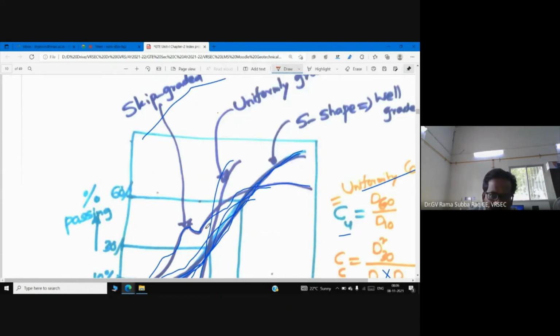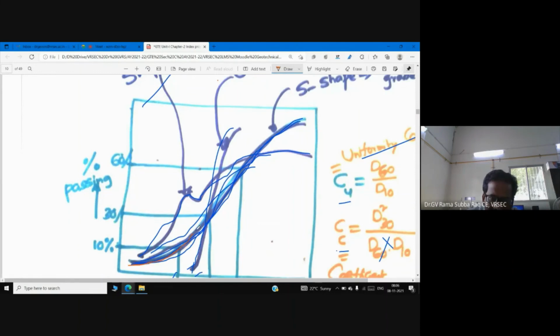Now one can see, if you get a flat S-shaped curve, then it is well graded. That means your soil has all the gradations, particles of different sizes are there in your soil, and the curve is S-shaped.